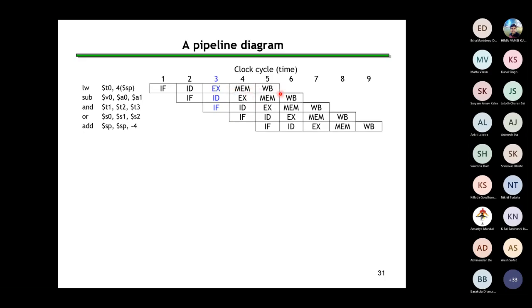The longest determines it, regardless of the time interval of the other stages. Okay, fundamental things. So we can represent the time sequence of execution using this kind of table.